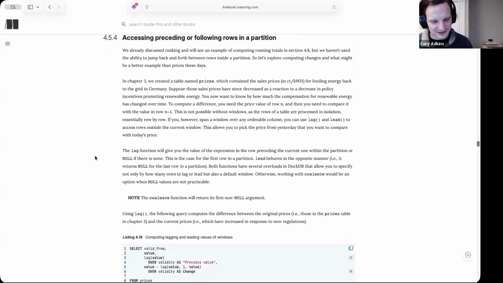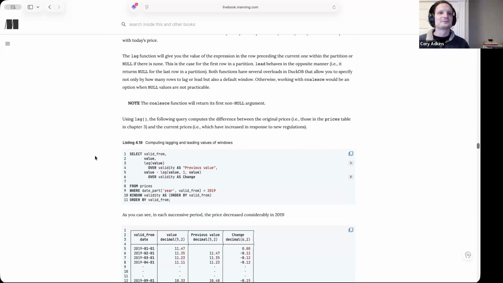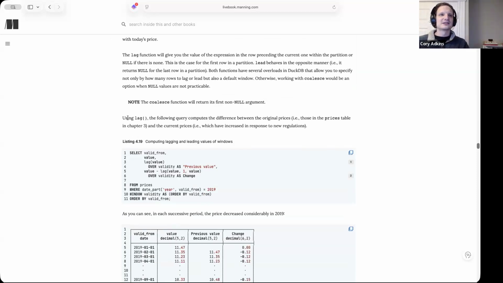I think this is the section about lags and leads, preceding or following rows. So even within a partition, you can do that. Maybe the takeaway from this section is the use of the lag and lead functions.